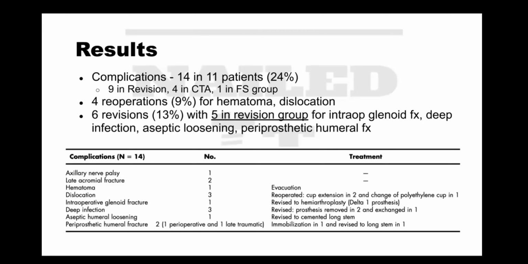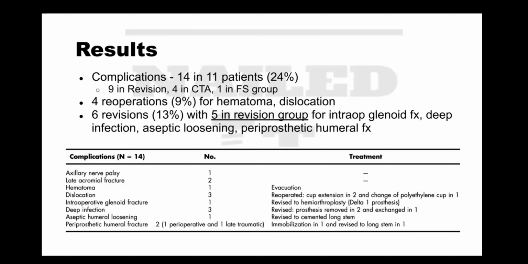So about 1 patient had an intra-op glenoid fracture while they were reaming the glenoid. And so that was found on a post-op radiograph where the glenoid component was malpositioned. They brought it back and revised it. And the patient still had a poor result with persistent shoulder pain up to this day and only about an elevation to 40 degrees.